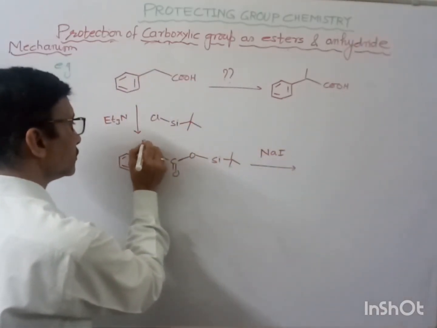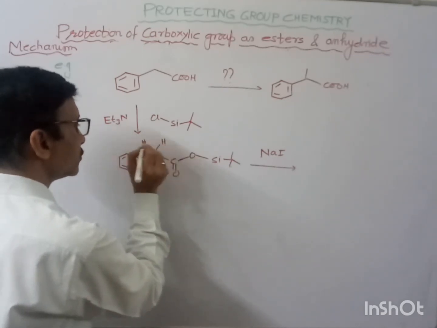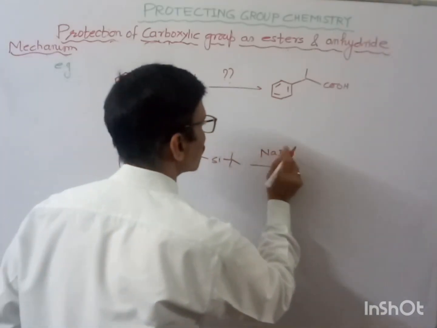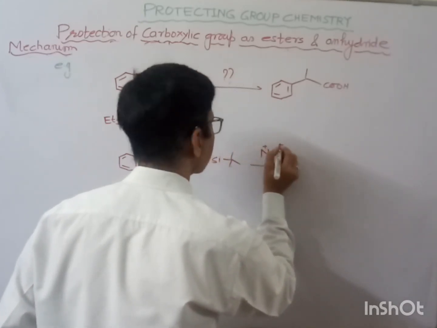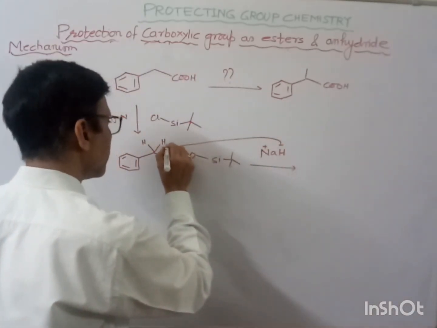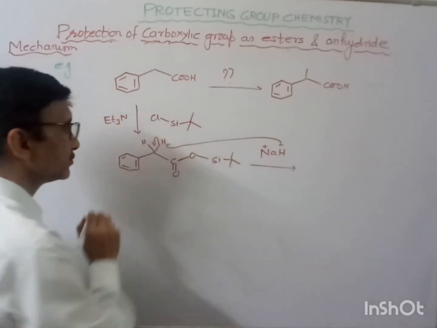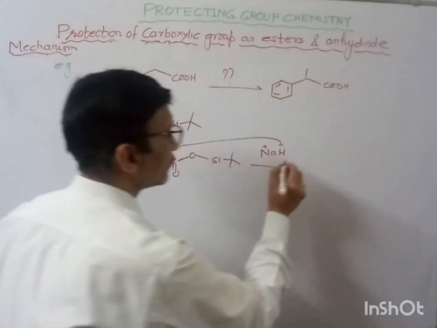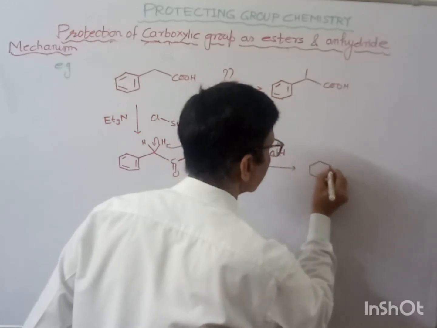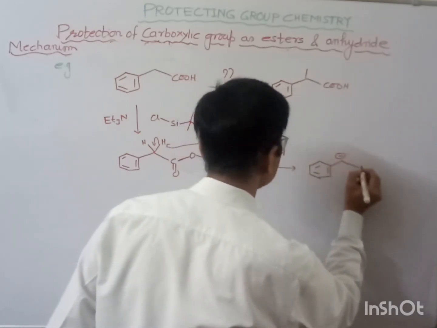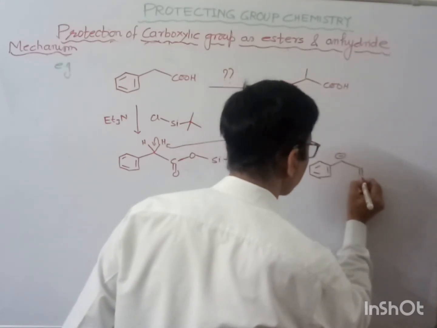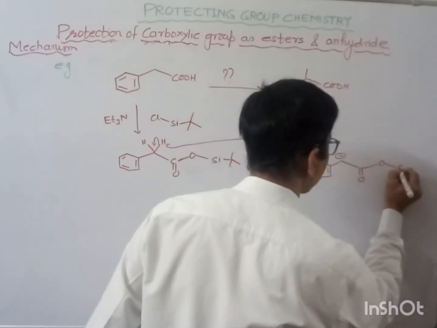One of these acidic hydrogens is present over here. Sodium hydride acts as a base, and it can take this acidic hydrogen, and the negative charge will come over here. It will now act as a nucleophile.